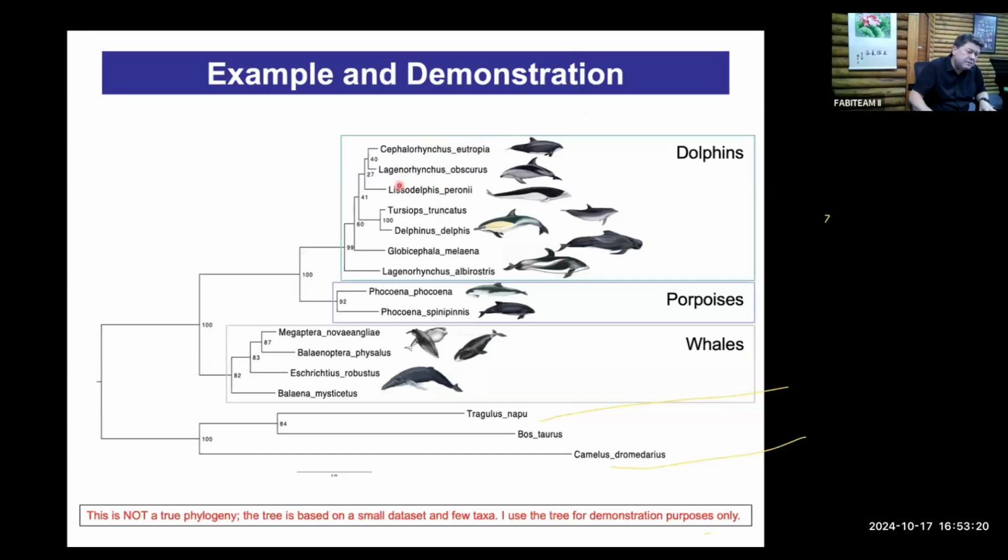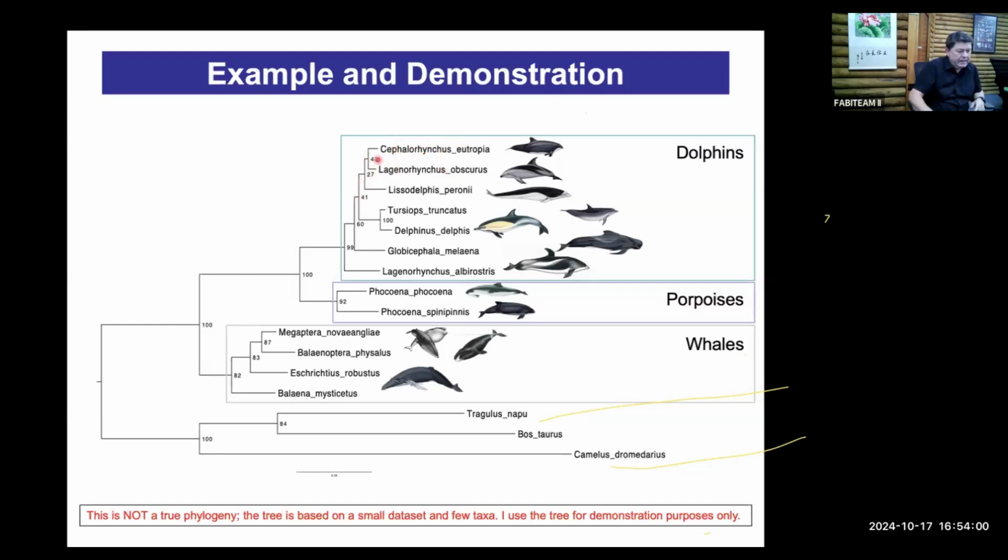Now, if we focus on the dolphins, you will see very small values, values lower than 70%. There's 49. I included them on purpose. There's a 40% bootstrap value, which means in your bootstrap sampling, and I don't want to go into the detail of bootstrap, we will deal with that in a later session, only 400 trees, if it's out of 1,000, had this relationship between these two taxa.